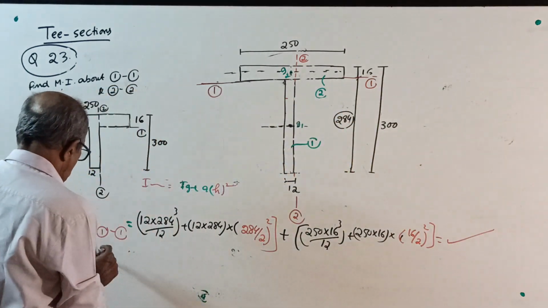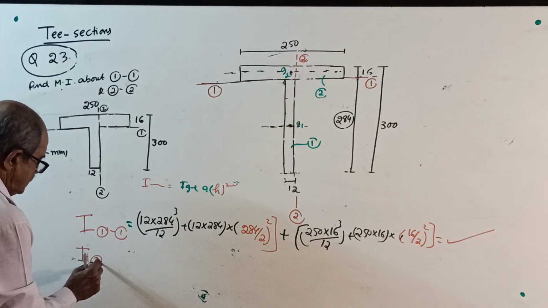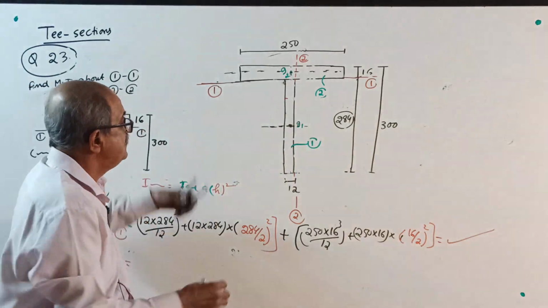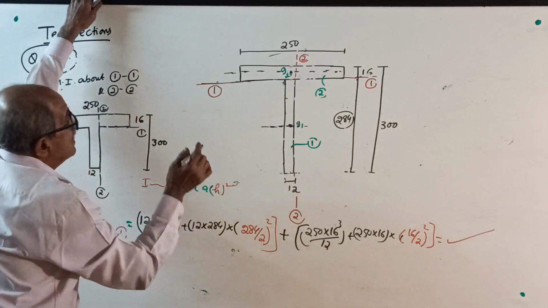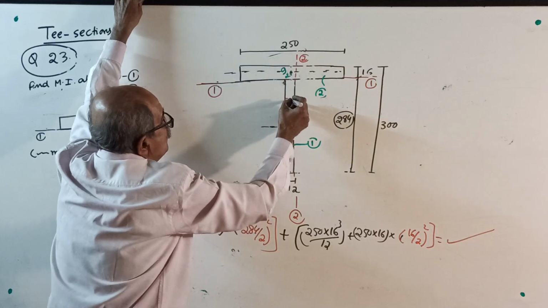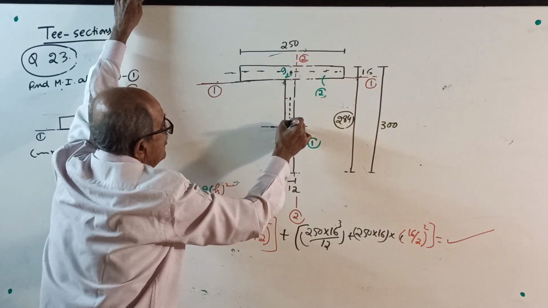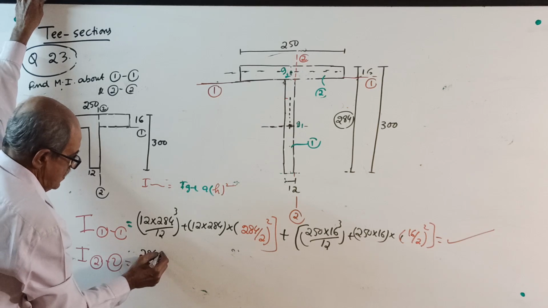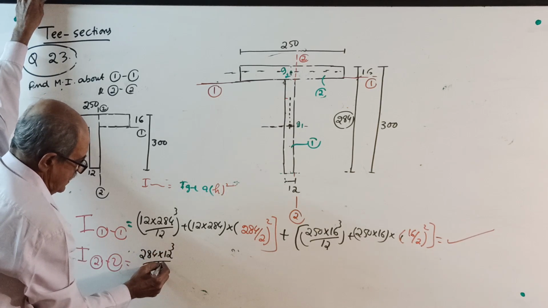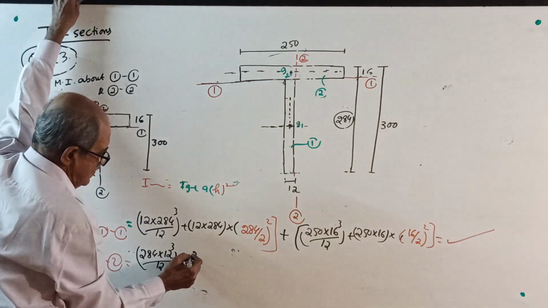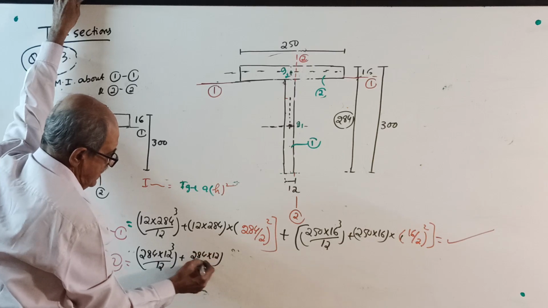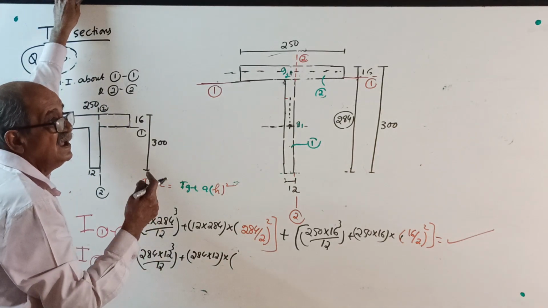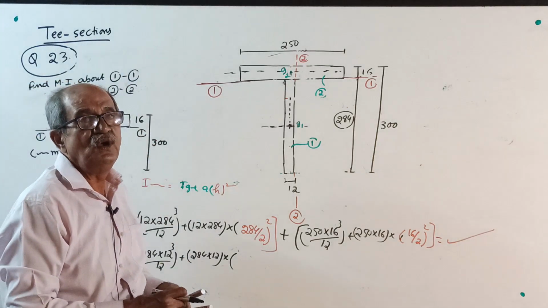Okay, now I about 2-2. This 1-1, 2-2 is not this 1 and 2, it is their 1-1, 2-2. This is our 1 and 2 division. Okay, start, first for 1. I about 2-2. First I about its own centroidal axis, parallel to 2-2: 284 into 12 cube by 12, Ig, plus area. 284 into 12 is the area, into the distance squared.